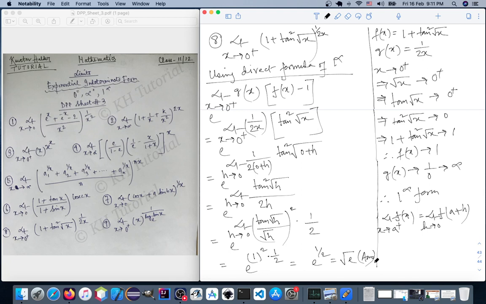So we have used the result limit x tends to 0, tan x by x equals 1.